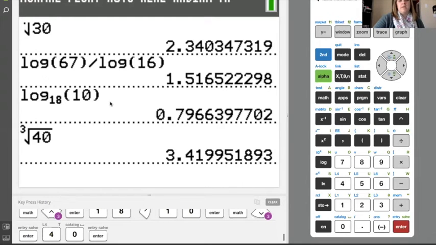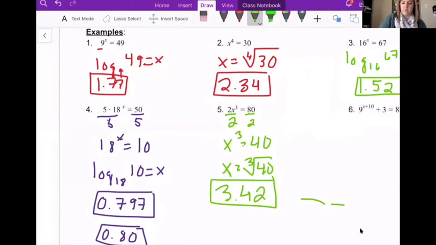And then lastly, we have a little bit more complicated option where we have to first get the exponential by itself, then switch it into logarithms, and then we have one more step. So let's look at this one.